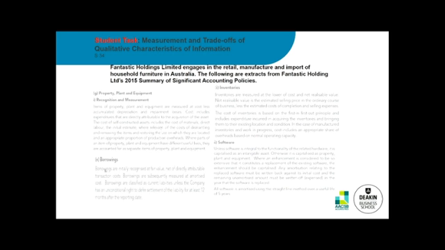The borrowings, they recognise them at fair value. The software is capitalised as an intangible asset and then is tested for amortisation each period. And the inventories are measured at the lower of cost and net realisable value. So you can see that just for those 4 items, they've all got very different bases of measurement.